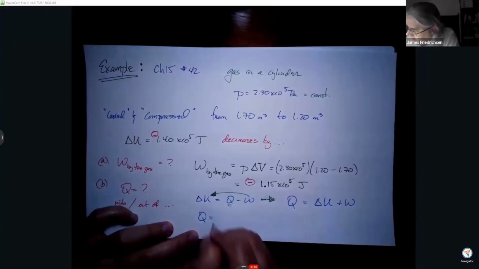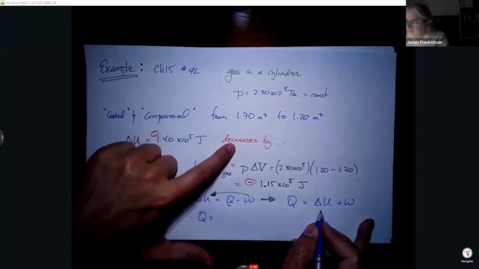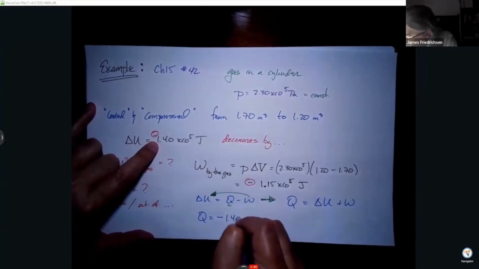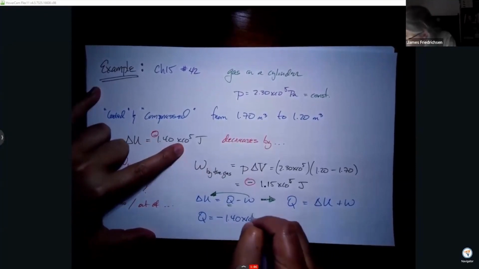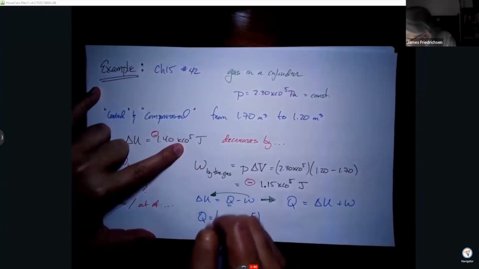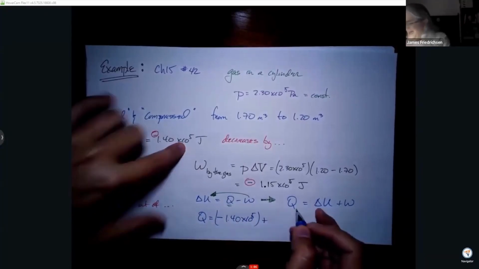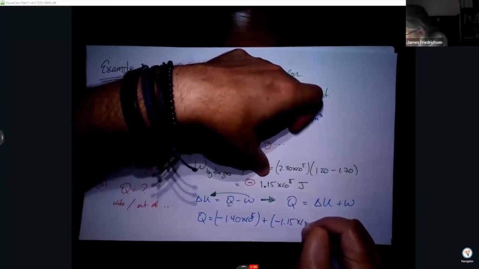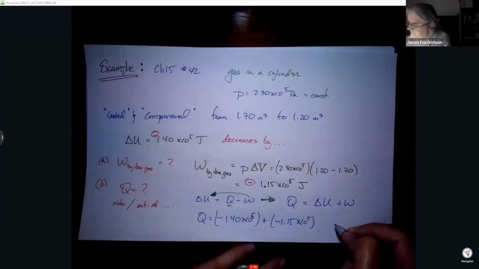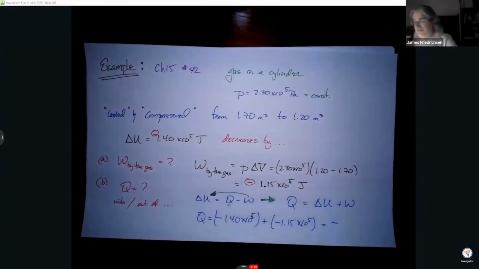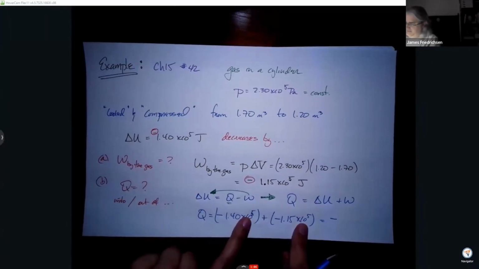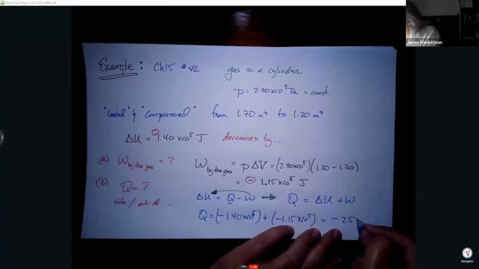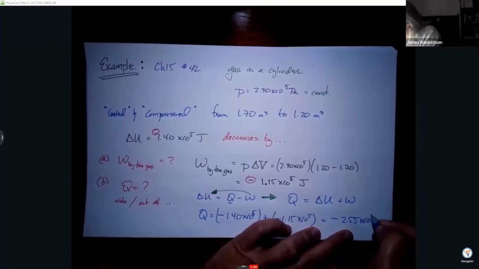Since the internal energy decreased by this amount, our delta U is negative 1.40 times 10 to the 5th. Then we're going to add on the work, which is also negative 1.15 times 10 to the 5th. This will give us a definite negative. These are 10 to the 5th, so this is going to be negative 2.55 times 10 to the 5th joules.